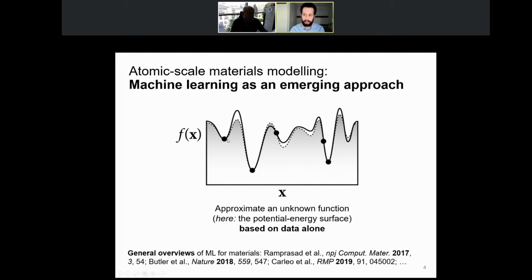Instead, I'm aiming to extract all that information from the data points that I have, these bullet points here. And the idea is now, based on properly chosen reference points, to describe the potential energy surface. And once I have that, I can do all sorts of modeling things with that.